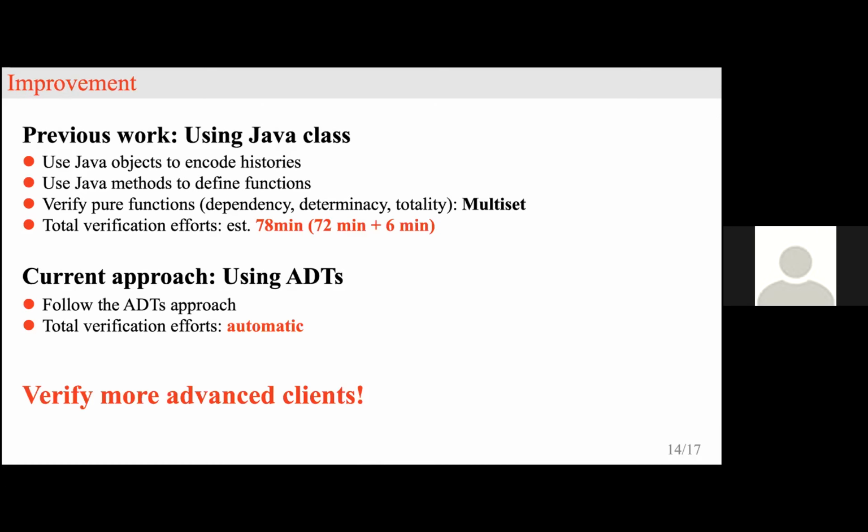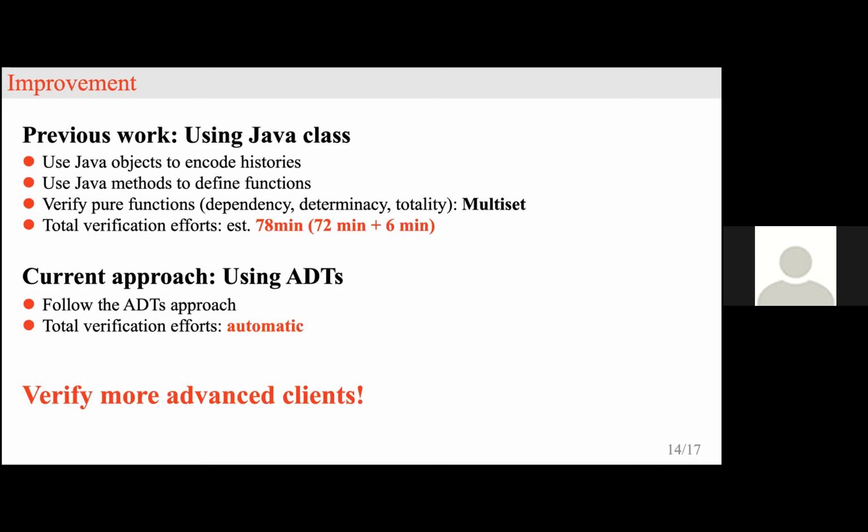For the previous work, we use a Java object to encode histories, and we use Java methods to define functions. Here the total verification effort is 78 minutes, because we need to verify the pure method multiset. This takes 72 minutes, and 6 minutes for the rest of such a simple example.